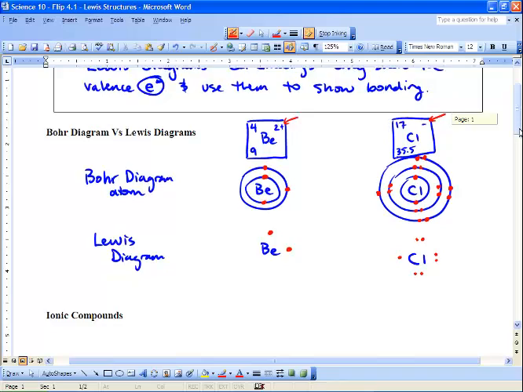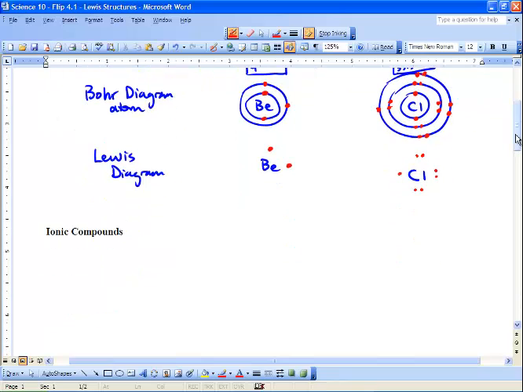Now we're going to put these two together, and what we have is beryllium 2 plus, chlorine 1 minus. And you're going to remember this, we're going to swap and drop, and what we're going to get is BeCl2. What does that mean?